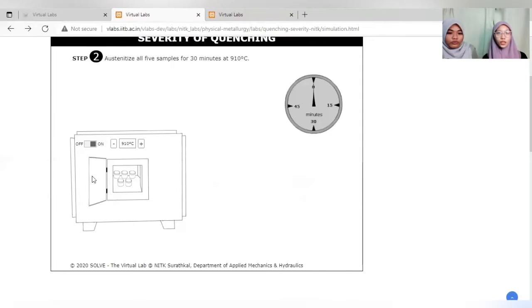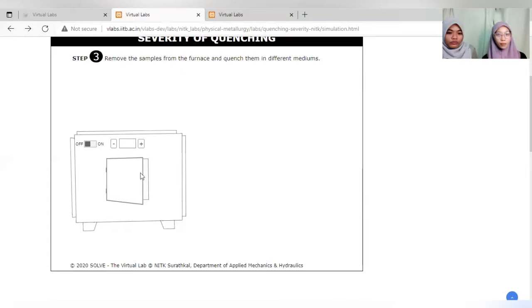So after we put them in, we need to wait for 30 minutes. Okay, we turn off the machine and look at the result.